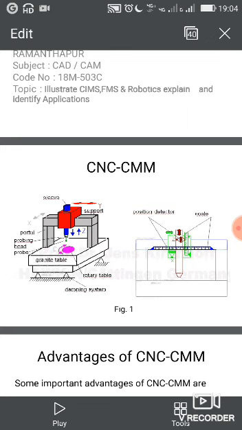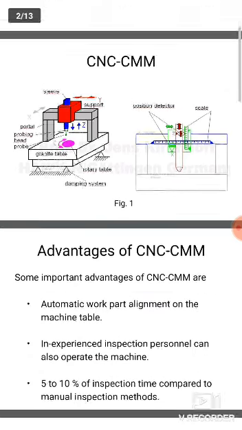So CMM is a coordinate measuring device that measures the geometry of physical objects, like sensing discrete points on the surface of the object, measured by a probe. So this is about CMM probes.